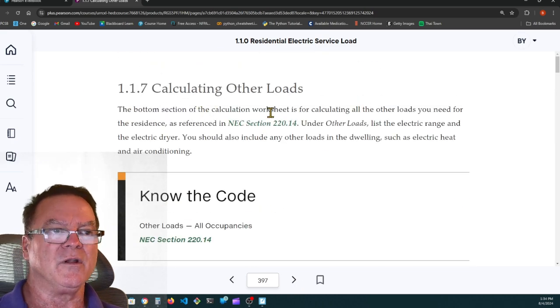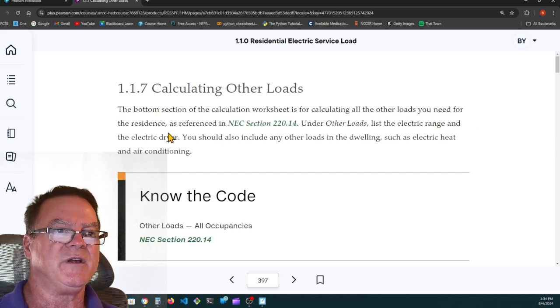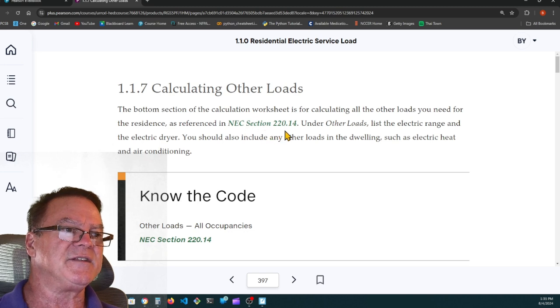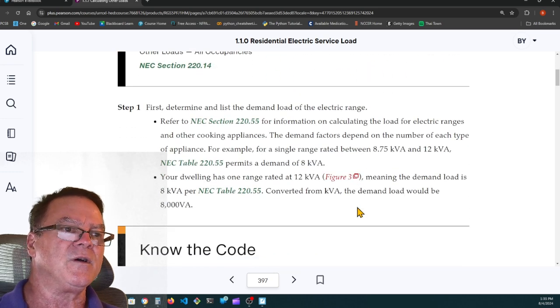Here are those other loads, 1.1.7. The bottom section of the calculation worksheet is for calculating all other loads you need for a residence, as referenced in NEC section 220.14. Under other loads, list the electric range and the electric dryer. You should also include any other loads in the dwelling, such as electric heat and air conditioning. So, first determine and list the demand loads for the electric range.